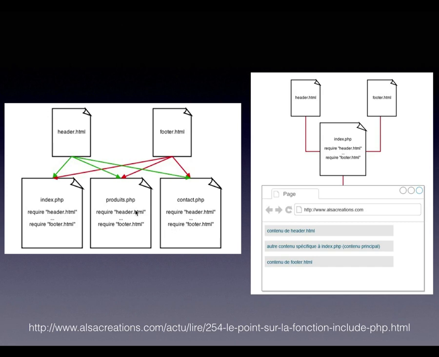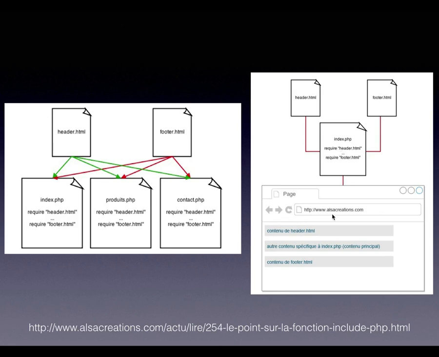So when it comes time to change that header, which may have the menu in it, I just go into the header.html file, make my changes there once, and then it's automatically included whenever someone accesses one of these 3 files.